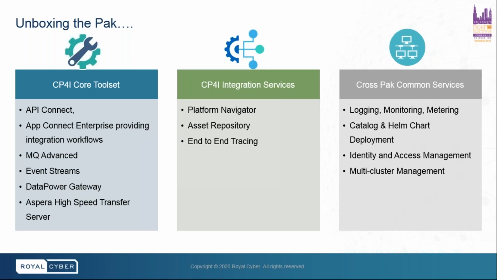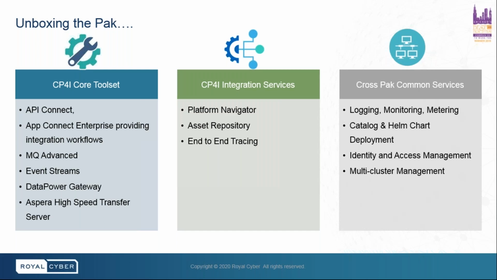Unboxing the pack, the following components are integrated in IBM Cloud Pak for Integration. The first one is Platform Navigator, which is a simple integrated user interface for spanning components. And the second one is Asset Repository, which allows the user to store, manage, retrieve, and search integration assets. And we have Operation Dashboard for providing transaction tracing across capabilities, and IBM Cloud Pak Common Services.